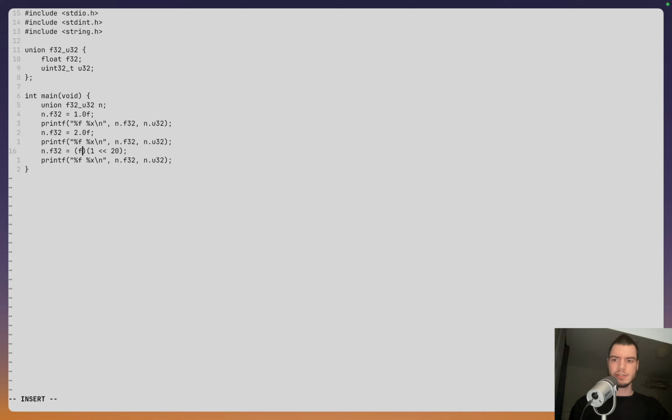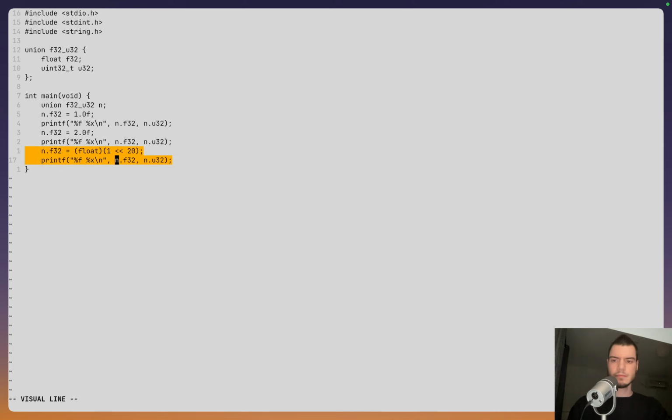And I'm just going to cast this to a float. Now, 1 shifted to the left by 20 is 1 shifted to the left by 10 times 1 shifted to the left by 10. And 1 shifted to the left by 10 is about 1,000, so 20 is about 1,000,000. Let's have a look at that.